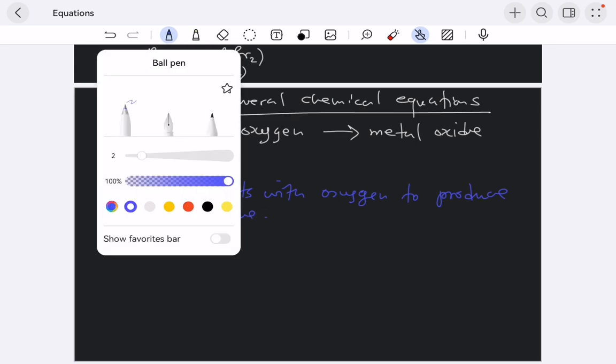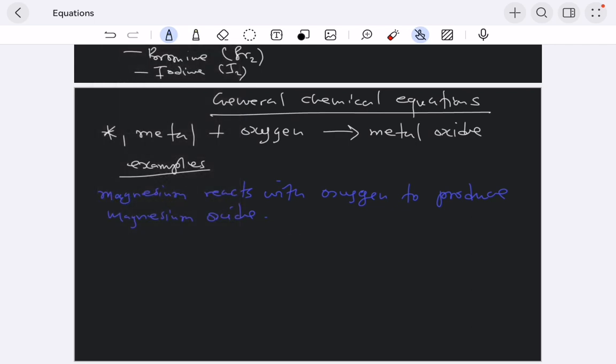Now they want us to write a chemical equation of this. We need to understand that magnesium is reacting with oxygen. Remember, oxygen is written as a diatomic to produce magnesium oxide, which is a compound. Magnesium is Mg, plus oxygen, which exists as O2, to produce magnesium oxide.